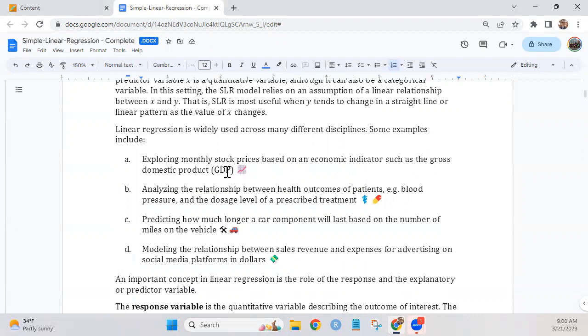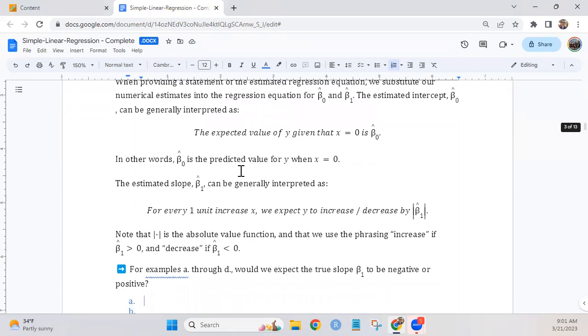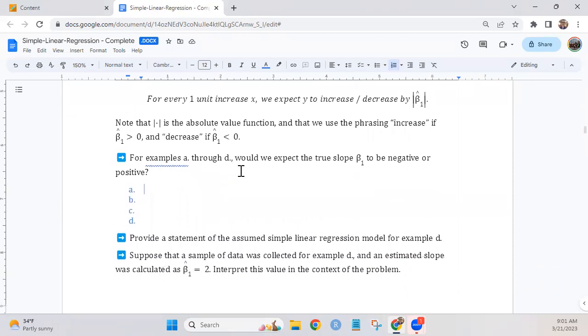If GDP goes up, what would we expect to happen to the stock price next month? Probably also go up. There are going to be a lot of situations where it varies, but generally that's the idea here. So what would we say about the slope? It's positive, right? If the variables tend to go up with each other, then it would be a positive slope.